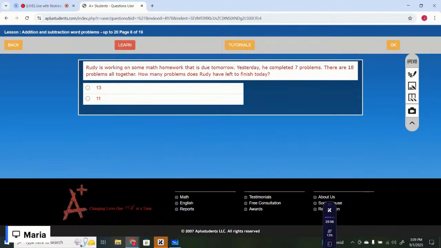Rudy is working on some math homework that is due tomorrow. Yesterday he completed 7 problems. There are 18 problems altogether.